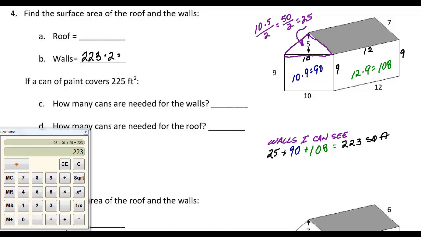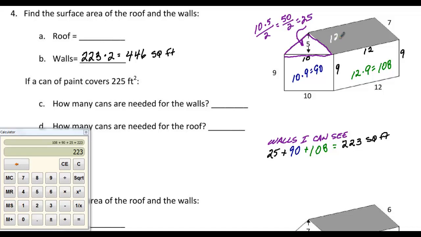I'm going to multiply by 2 because there are the same amount of walls on the other side that I can't see. So 223 times 2 is 446 square feet of walls.